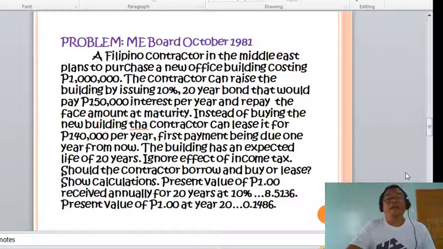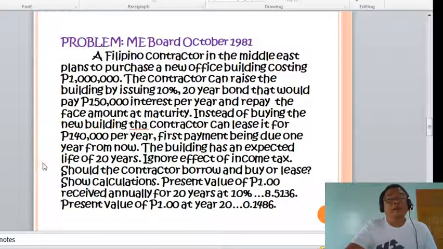And instead of buying the new building, the contractor can lease it for 140,000 per year. So this is the alternative, class, with the first payment being due 1 year from now. The building has an expected life of 20 years. Ignore the effect of income tax, should the contractor borrow and buy or lease. Show calculation. The present value of 1 peso received annually for 20 years at 10% is 8.5136.